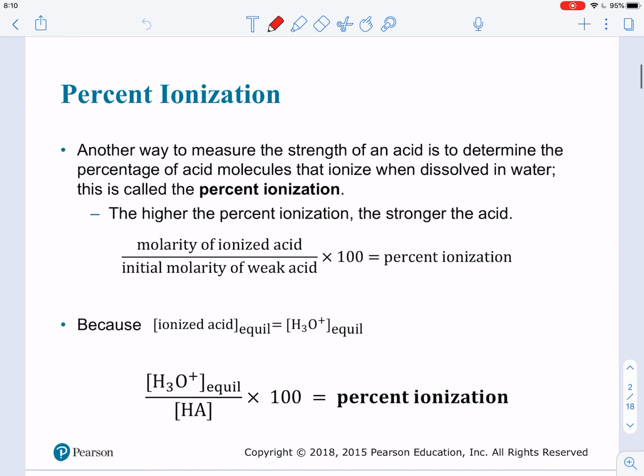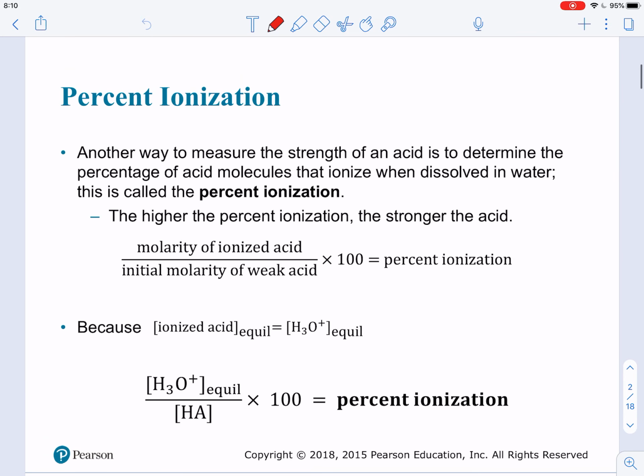Okay. First, let's talk about the percent ionization, which is yet another way in which you can refer to the strength of an acid. So the percent ionization is telling you how much of the acid is dissociated, how much of the acid is ionized in solution. So let's say you have 100 molecules of the acid, you put it in water, and then 5 of those molecules undergo ionization.